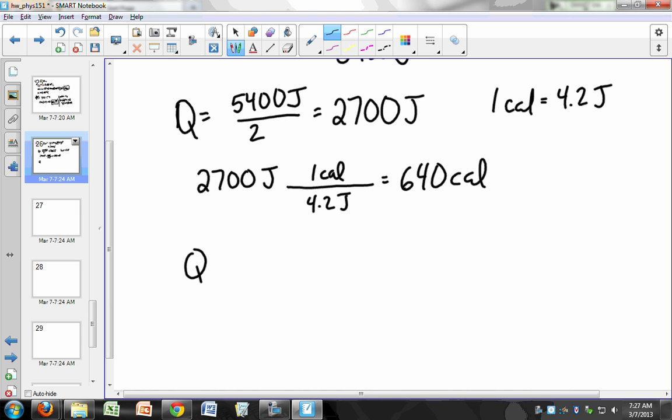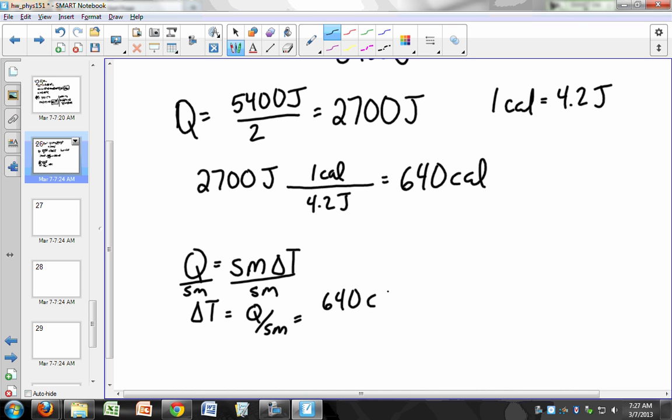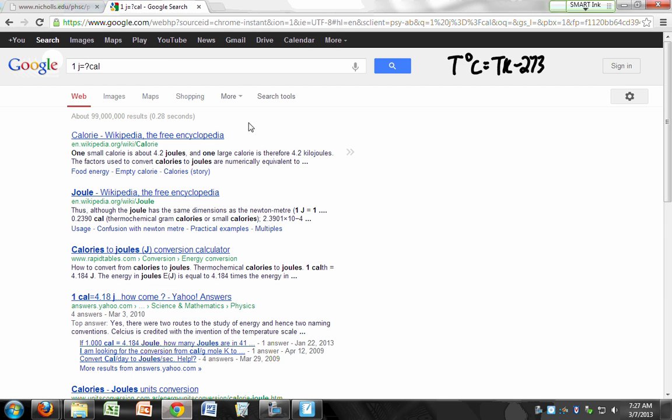So I go back to our calorimetry equation, Q = S m delta T, and I'm going to solve this for delta T. I divide both sides by S and M, and I get delta T is equal to Q divided by S times M. Q is 640 calories. I look up the specific heat of lead that's on your equation sheet.